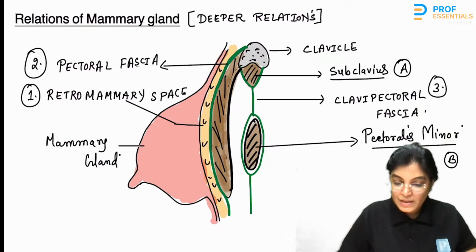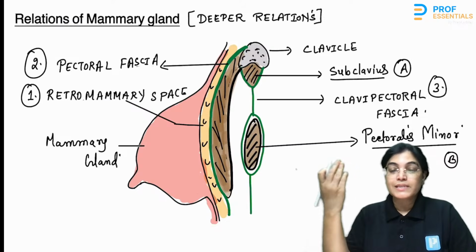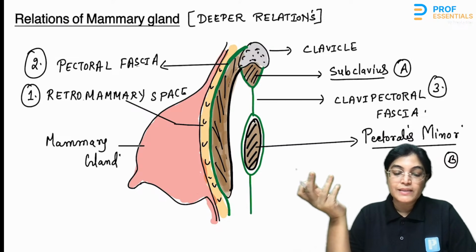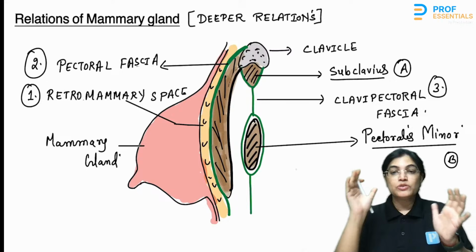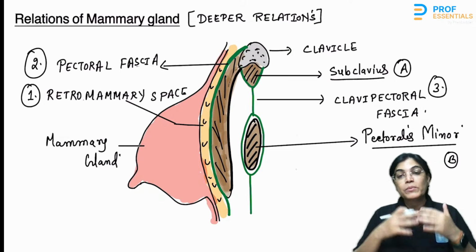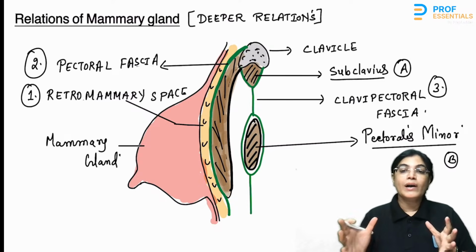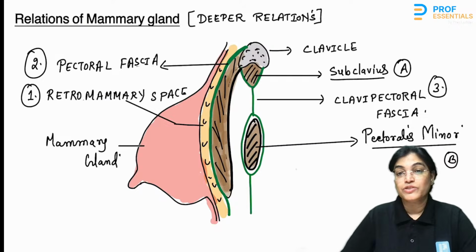Now this was a lateral section appreciating this relation, but I would also like to show you a surface view in which you can appreciate the three deeper muscles on which the mammary gland rests.